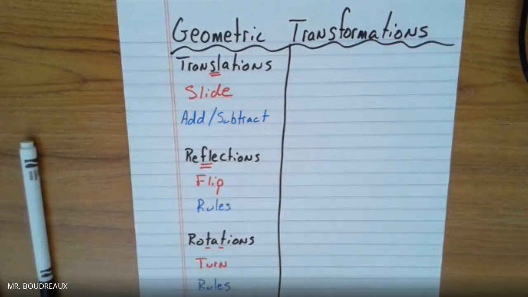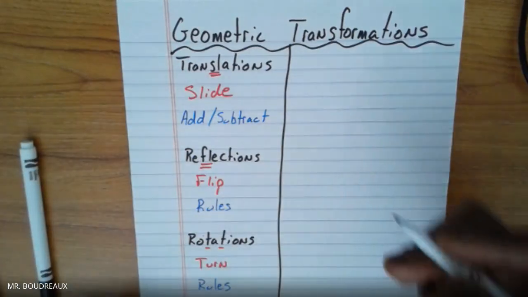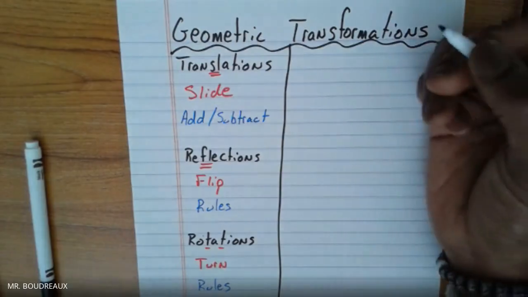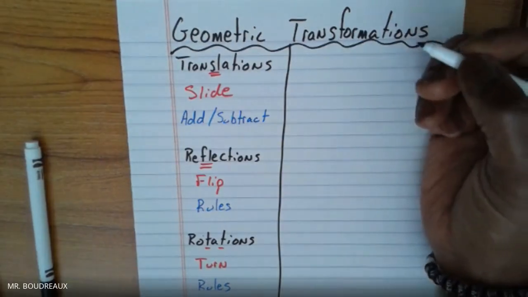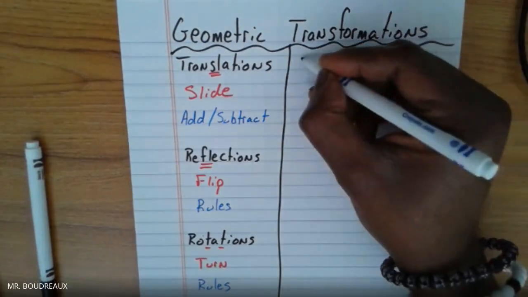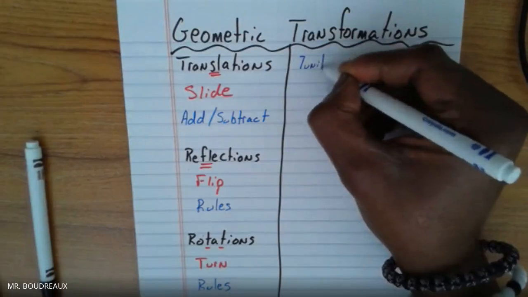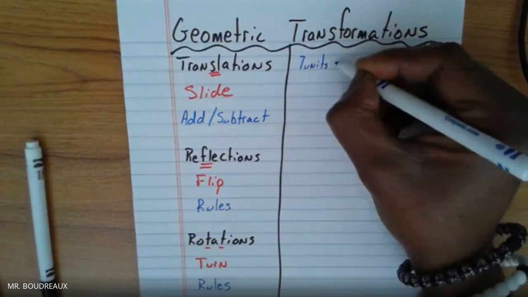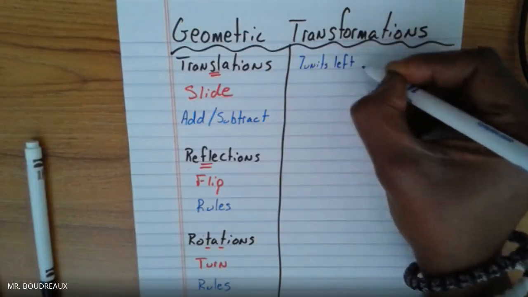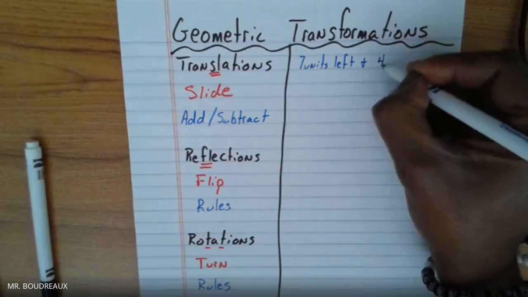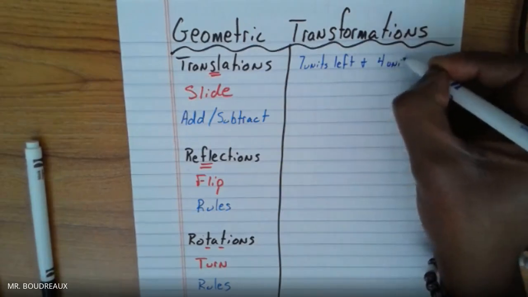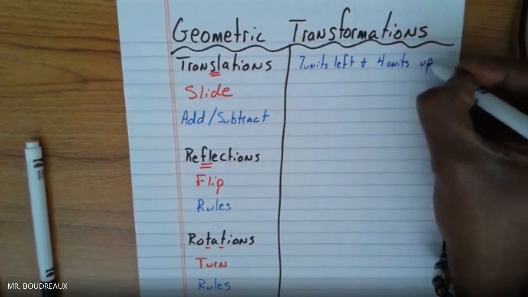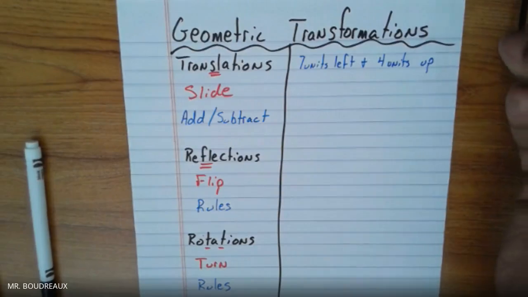So let's start with translation. Like I said, it's adding and subtracting. If they give you the verbiage and say we're going to translate an image 7 units to the left, and 4 units up, you need to think about your X and Y axis.